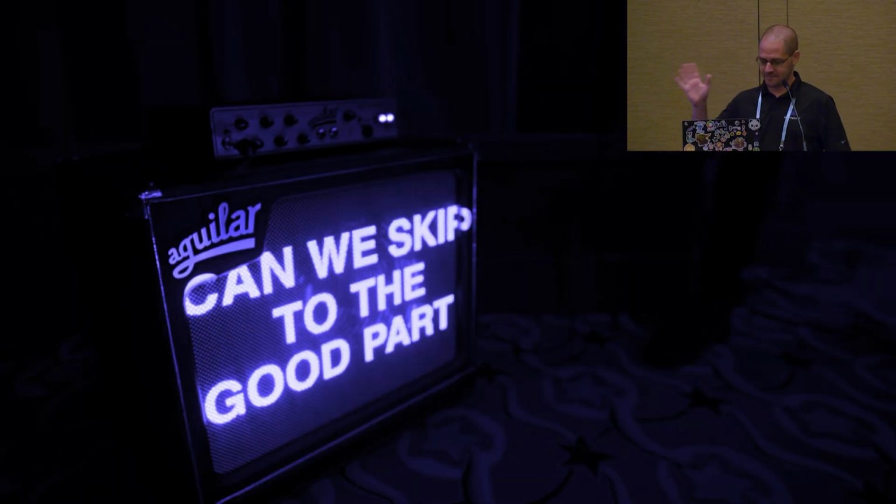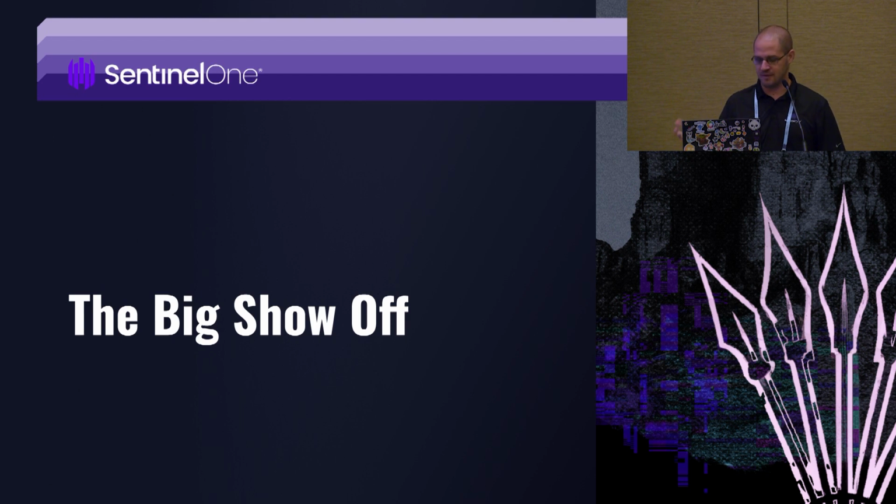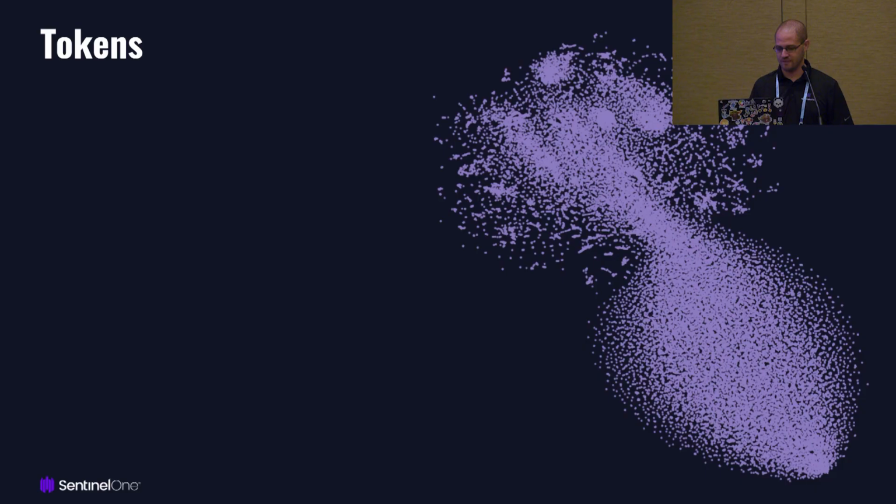Okay, this was an intro about the core concepts of this model and how it works. Let's see some examples of the results that we got. So here's a nice blob. We took millions of command lines and fed them to a model and let it just learn the semantics of command lines.